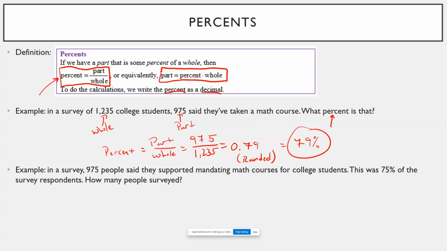Okay, let's try another problem. In a survey, 975 people said they supported mandating math courses for college students. This was 75% of the survey respondents. How many people were surveyed? This is tricky. Well, I know I'm given the percent.